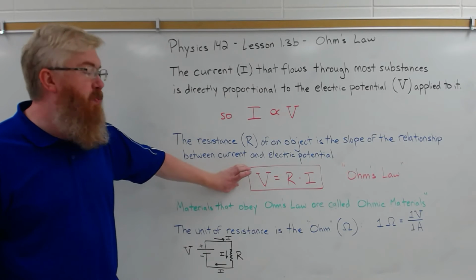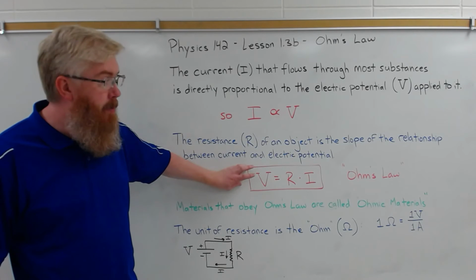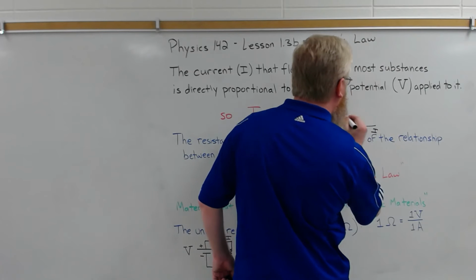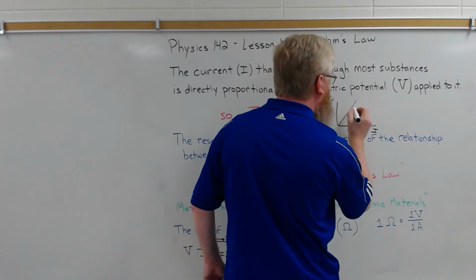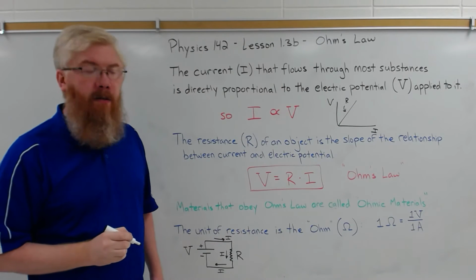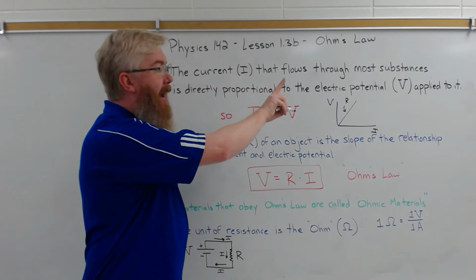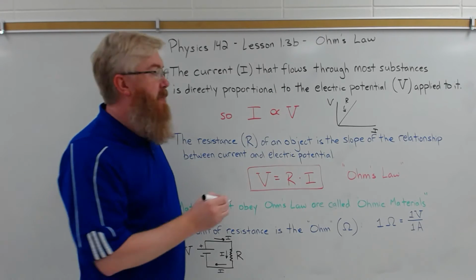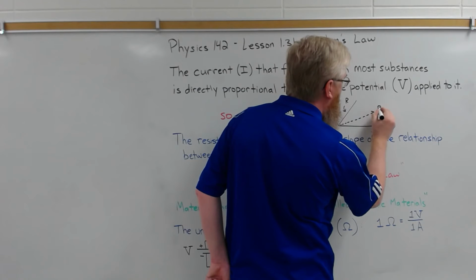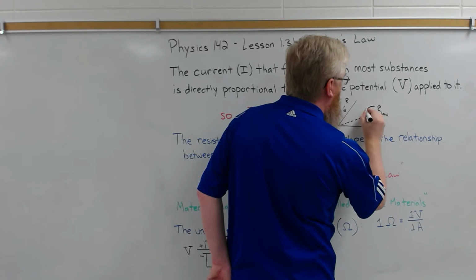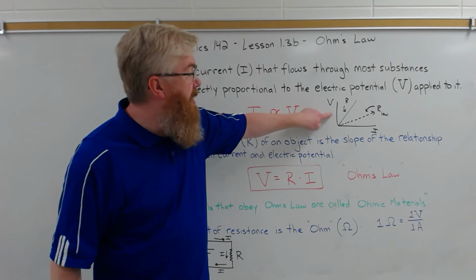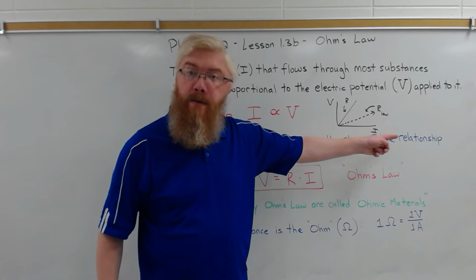Now, in materials where this equation is obeyed, where if you plot current versus voltage, the slope of this line is the resistance. So high slope means a high resistance material. Low slope means a low resistance material. That means you don't have to apply much of a potential to get a large current.